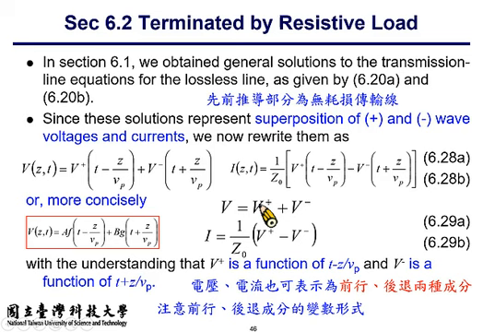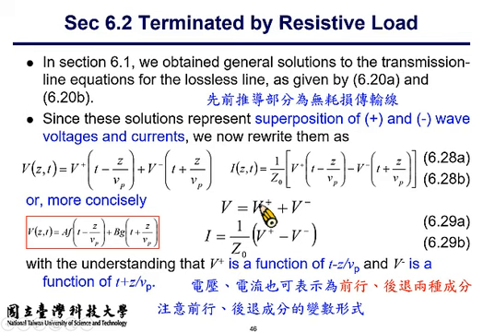voltage and current signal within the transmission line, which is in the form of AF plus BG, where the F function represents the signal or the energy that's going to the positive Z direction, which will be characterized as the forward-going component, and the function G represents the energy that goes to the minus Z direction, which will be referred to as the backward propagating term.